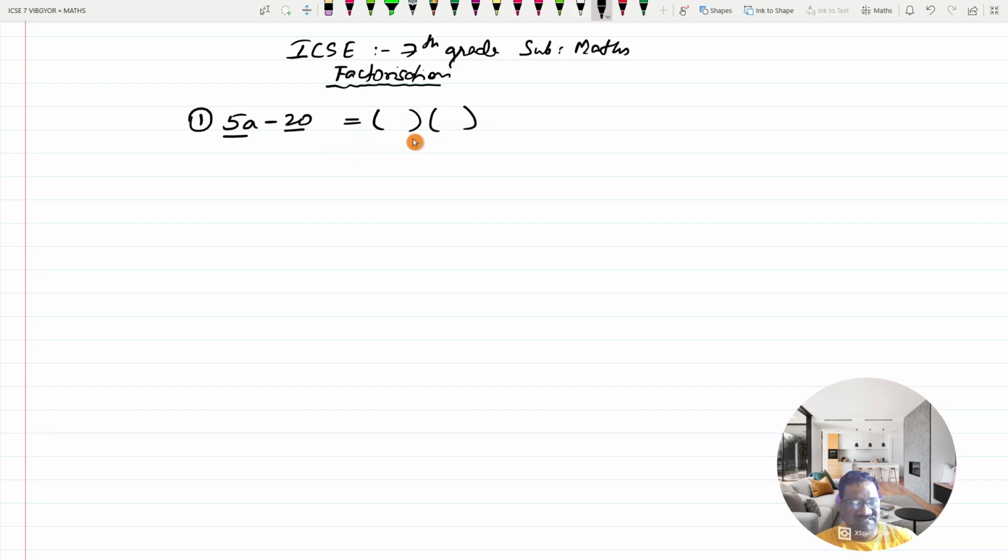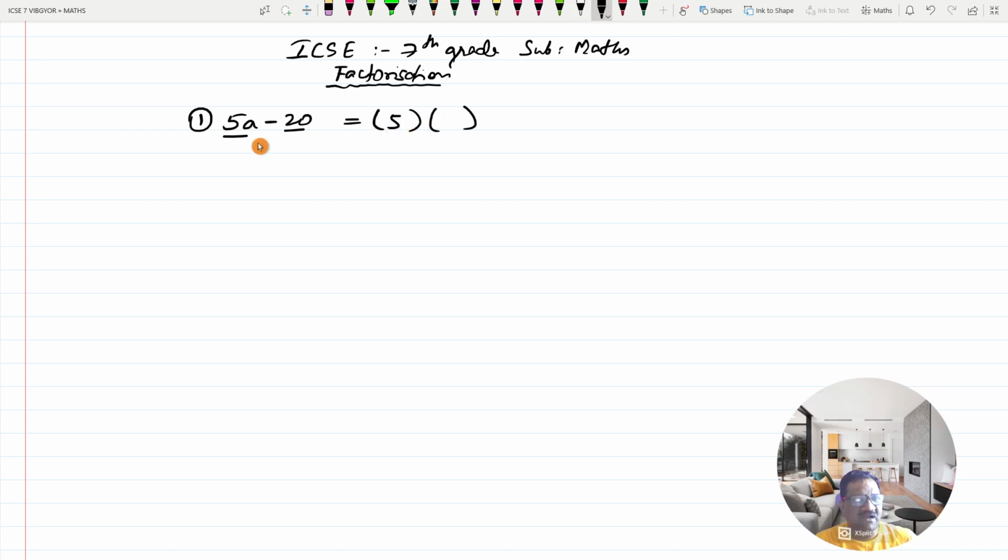And to do this you have to find out the HCF of the two terms. In this case there are two terms, so you'll have to find out the HCF. Now if you carefully think, HCF is nothing but a common factor between the terms, and it should be the highest common factor. So between 5 and 20, I think 5 is the common factor as well as the highest common factor. So that I am taking out, that is common.